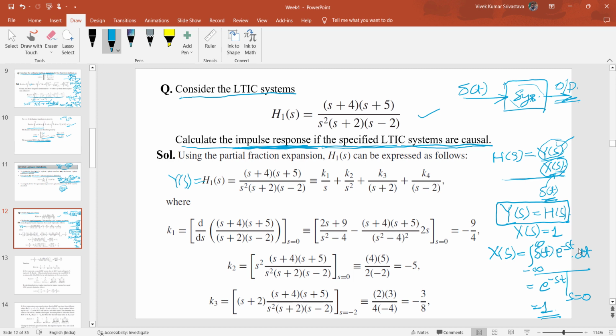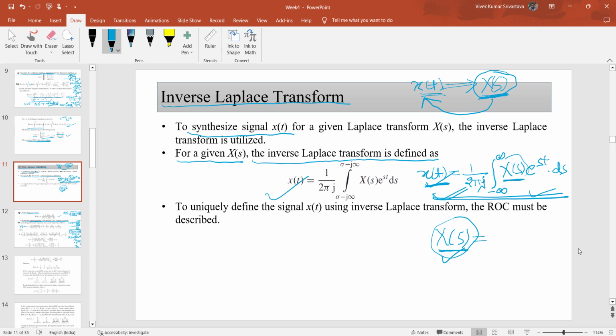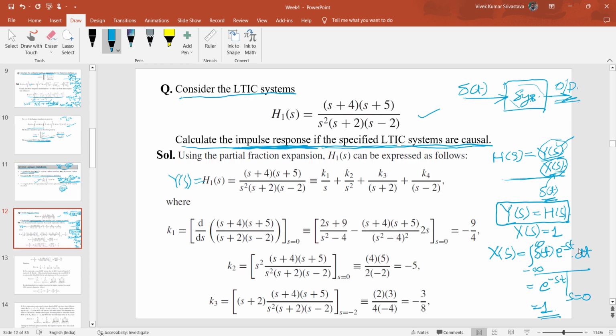So if you want, you can use this expression for evaluating h(t). But the thing is, evaluating this integral is sometimes very difficult. To overcome this integration part, we will use the partial fraction method, where we first express this complex function as Laplace transforms of some known functions.